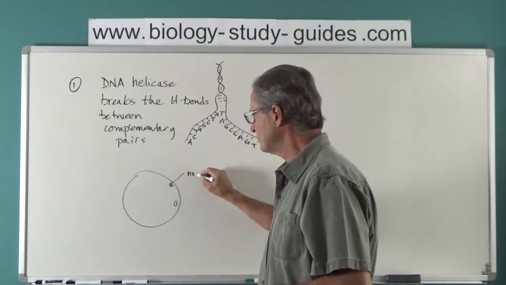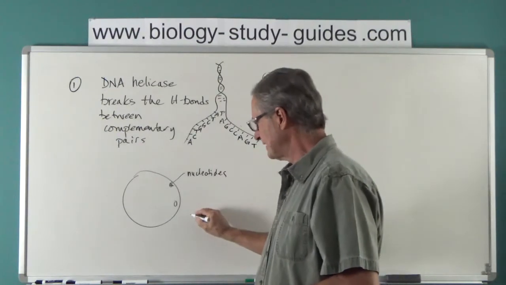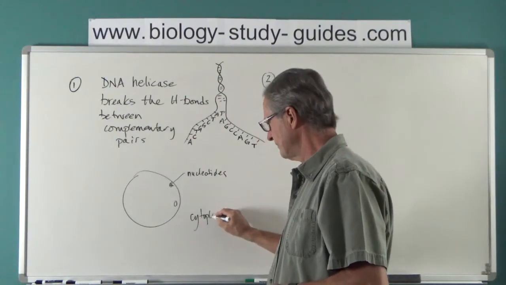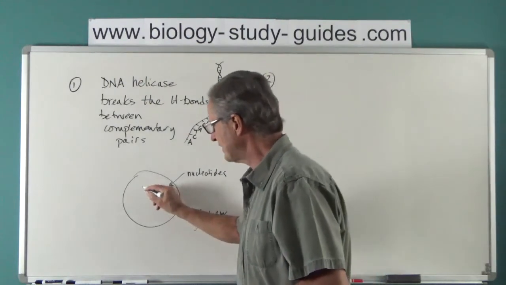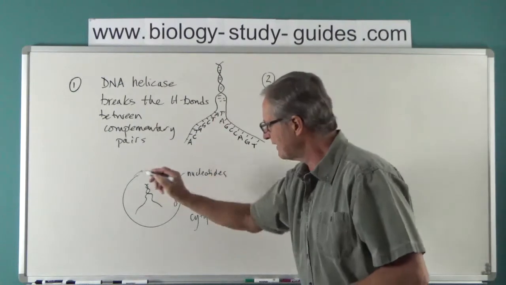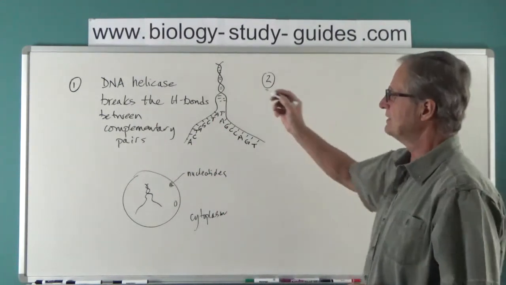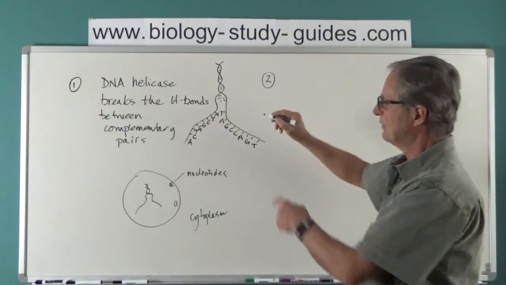Well, we have nucleotides which are assembled out in the cytoplasm out here, and inside here is where the DNA is actually replicating. So the nucleotides have to be moved into position. That's the role of a second enzyme. The DNA helicase breaks the bonds.